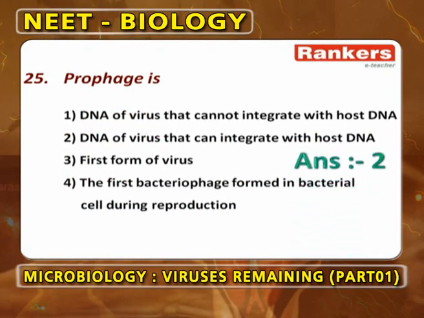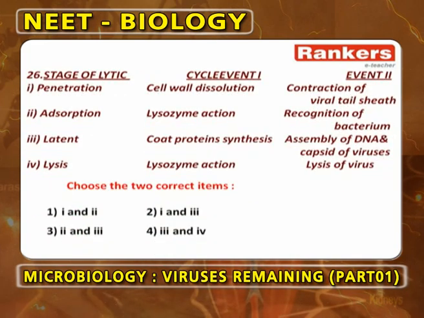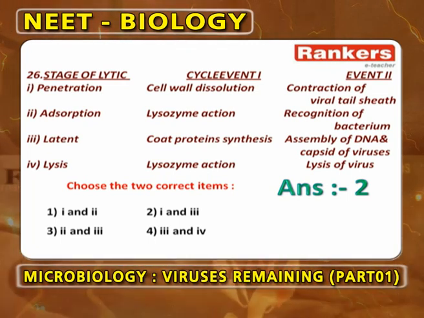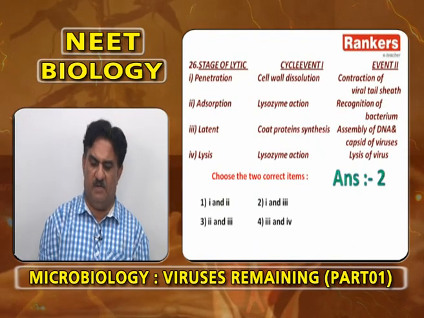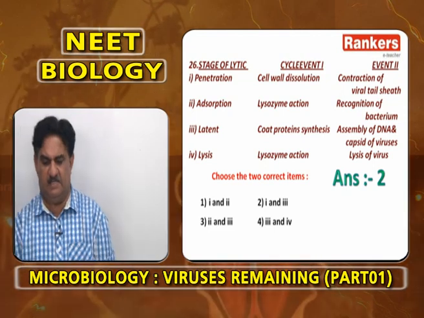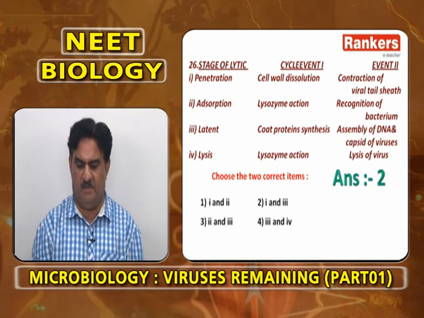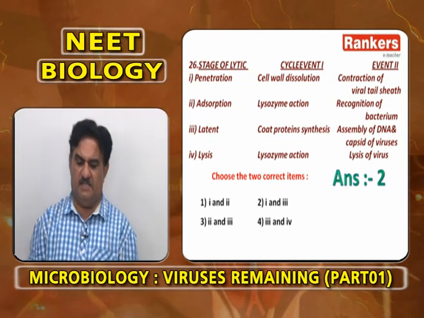Prophase is a DNA virus that can integrate into host DNA, which is also called the temperate phase. Stage of lytic cycle, event 1 and event 2. Here we have to identify the correct answer. Penetration: cell wall dissolution, contraction of viral tail sheath is correct. Adsorption stage, lysozyme action, recognition of bacterium: recognition of bacterium is correct, but lysozyme action is wrong.